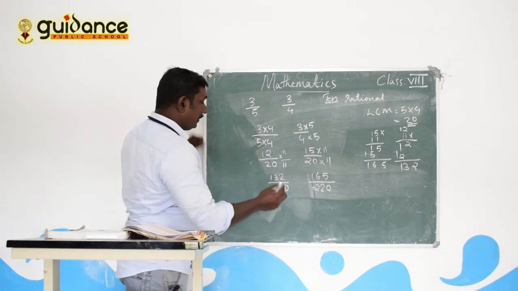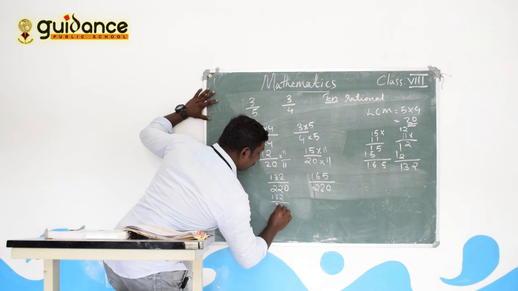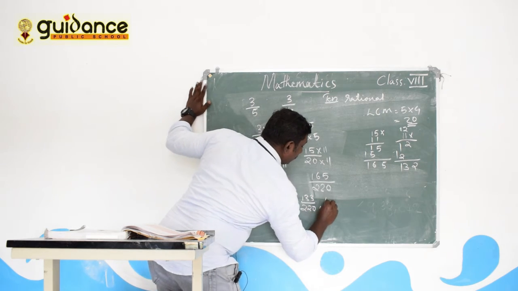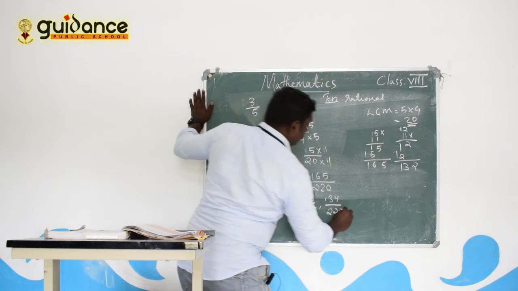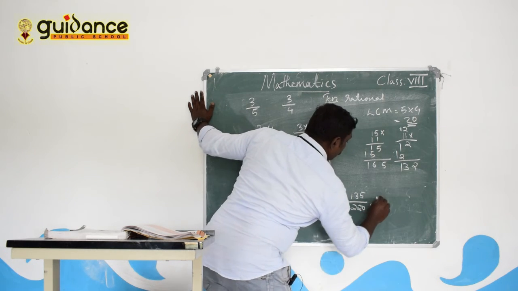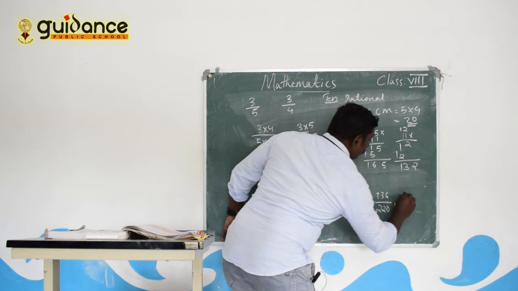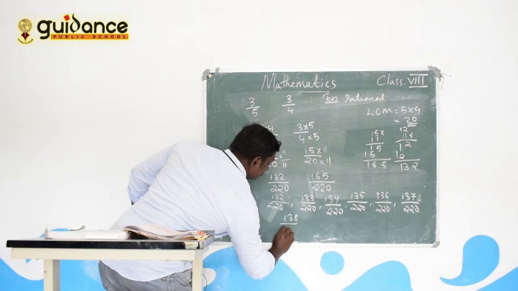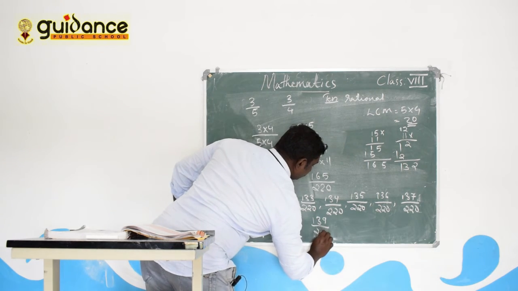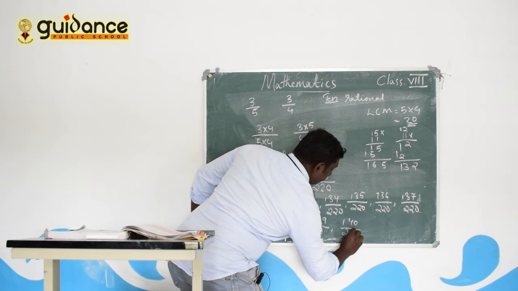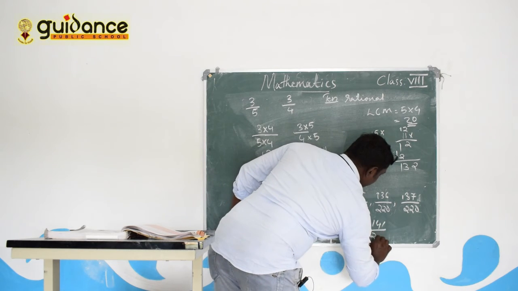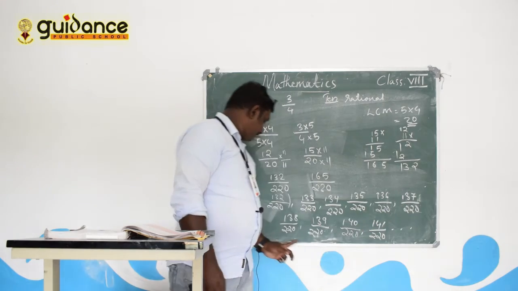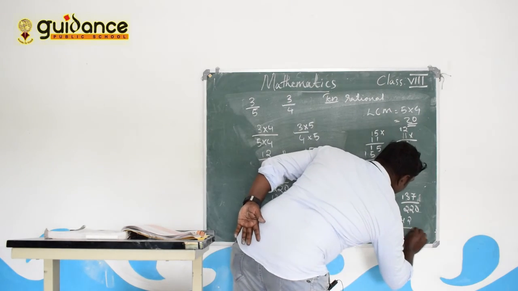So we can write the rational numbers in between: 132 by 220, 133 by 220, 134 by 220, 135 by 220, 136, 137, 138, 139, 140, 141, etc. We need only 10, so we can consider 132 onwards: 1, 2, 3, 4, 5, 6, 7, 8, 9, 10, up to 142 by 220.